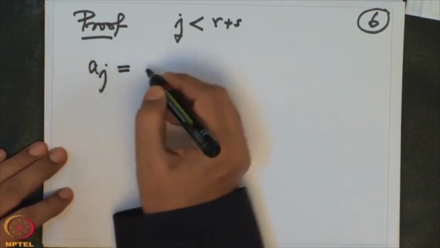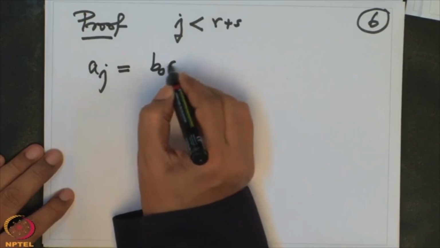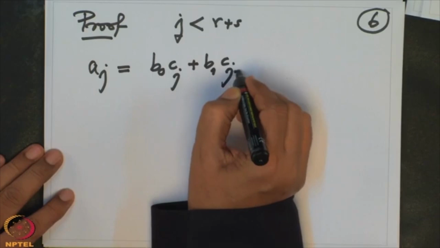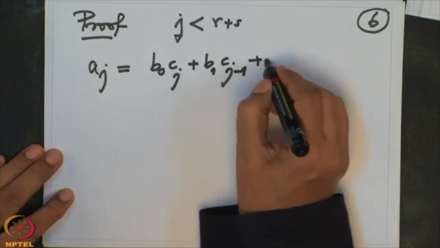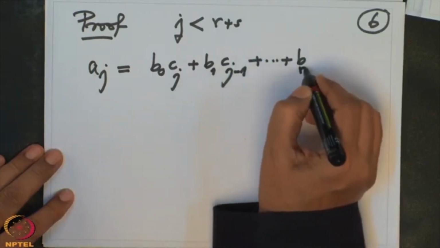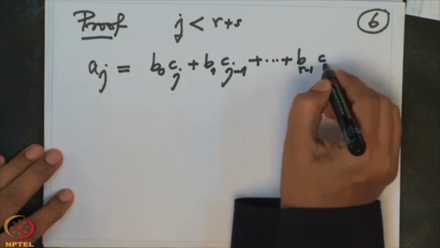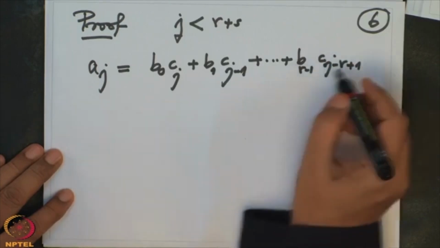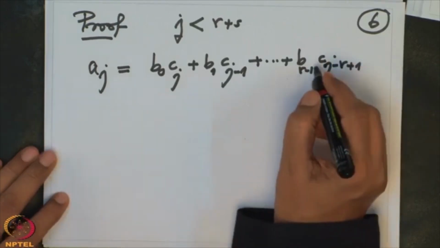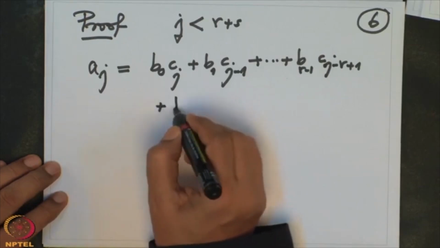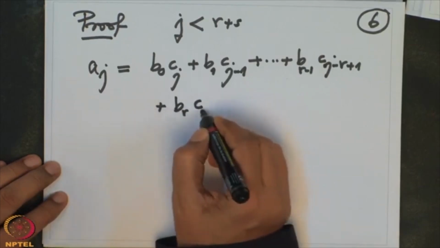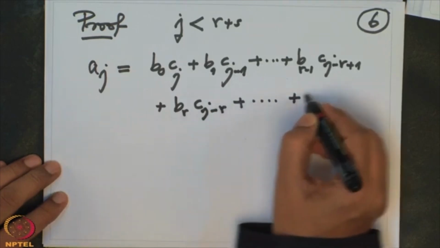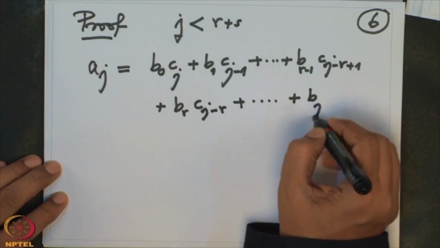Aj is b0 cj plus b1 c(j-1), it will go on to b(r-1) c(j-r+1), and then the next one is br c(j-r), and so on, plus bj c0.